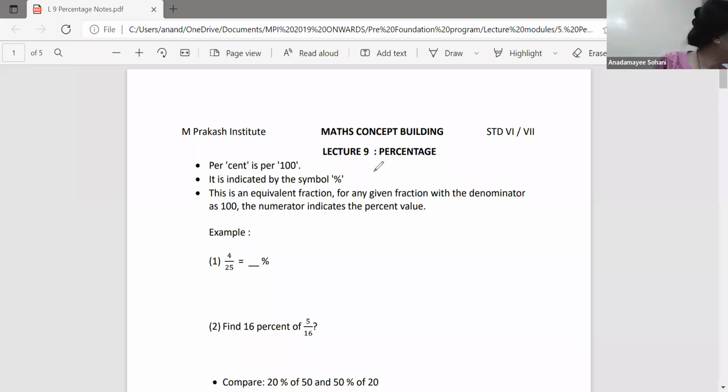It is 7 o'clock. We are starting with a new concept today, that is percentage. Now we very often use this, and as school children, you know it so well that we talk about your percentage in the school also. So this is one topic in maths which is used in almost every walk of life.